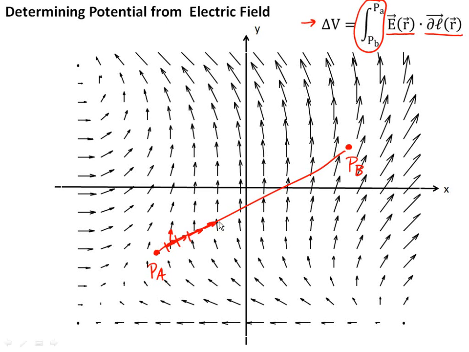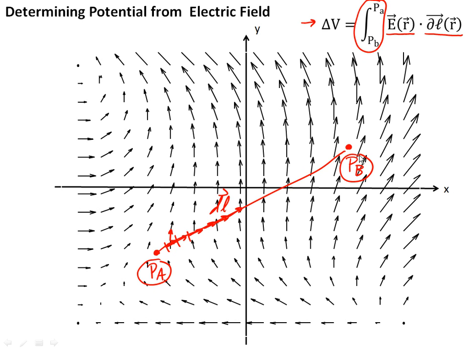I move along my line, arrow by arrow, dl vector by dl vector, until I get to point B, and the sum of all of those things is going to give me the potential difference between point A and point B.